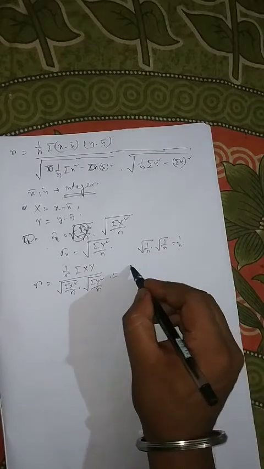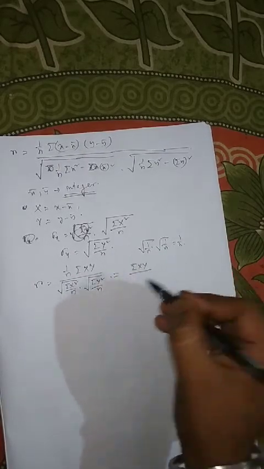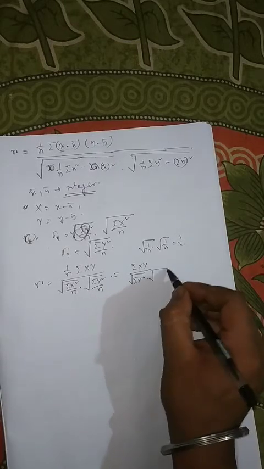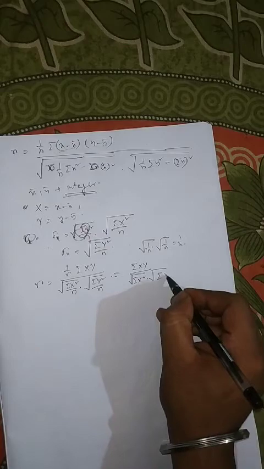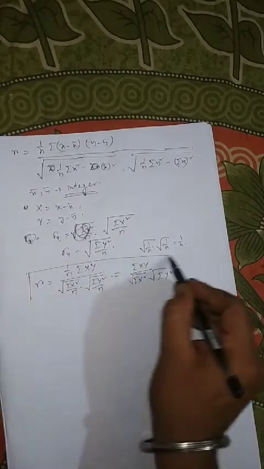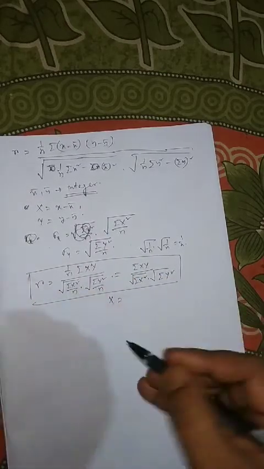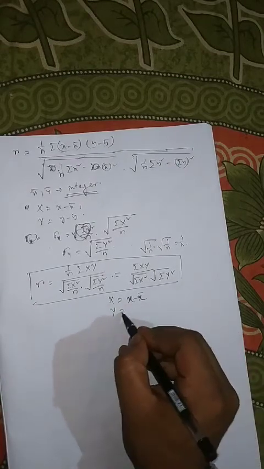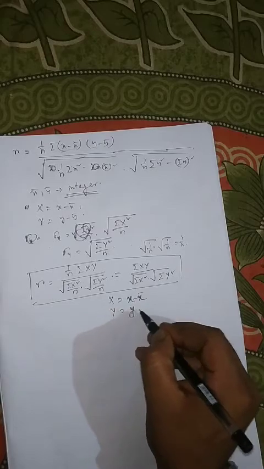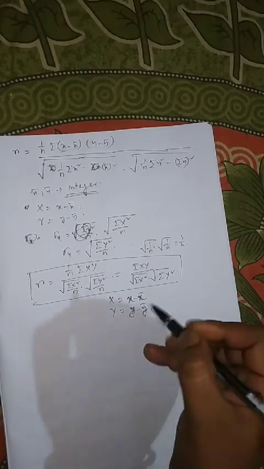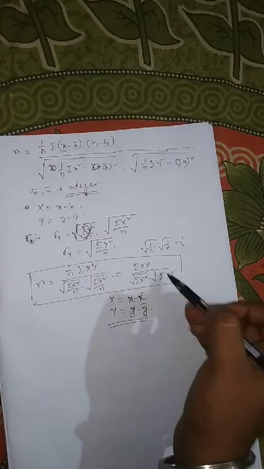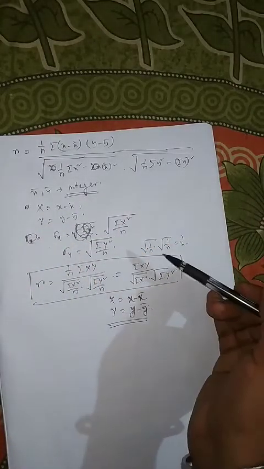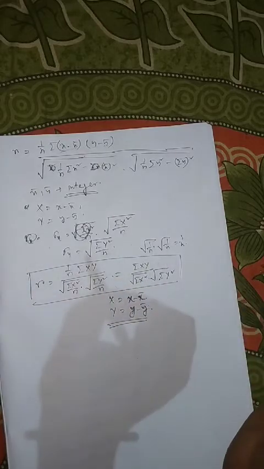So simplifying, we will get summation XY divided by root under summation X square into root under summation Y square, where capital X equals small x minus small x bar, and capital Y equals small y minus small y bar. So we can use this formula also if x bar and y bar are integers. So we can take a variation and use this simple formula.